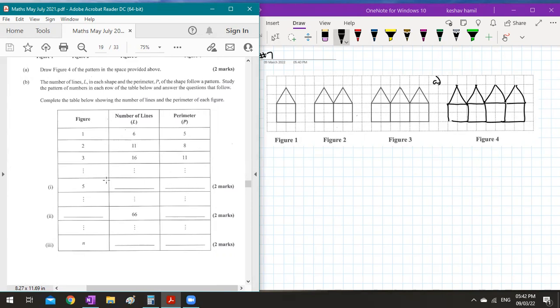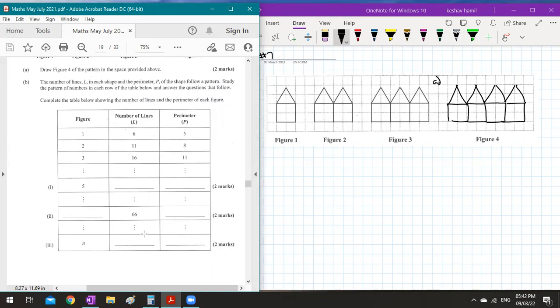If you were to keep drawing, they want to figure out how many lines I would get, or which figure would give us 66 lines, and how many lines in perimeter we would get. And then they want us to figure out the formula, right, in terms of n. So n figure, let me say n is 10, it will be the 10th figure, right? So they want us to figure out the formula at the bottom.